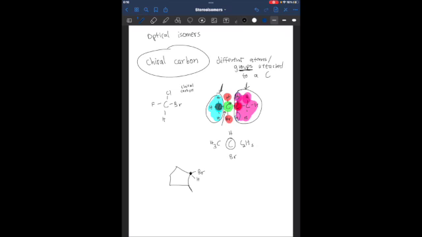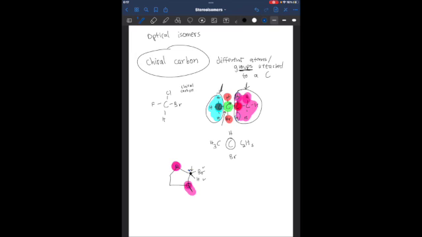Okay, so this carbon that I've outlined is attached to a bromine, a hydrogen, and then it's attached to a carbon and a carbon. But I see that on either side, my carbons are not equal because one of them has a methyl group coming off and the other does not. So that would also make this carbon chiral.